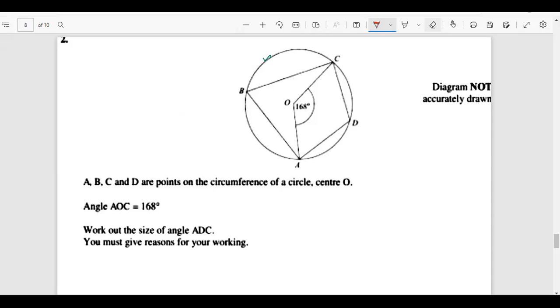We know the reflex angle at O is 192, and then you could do 68.